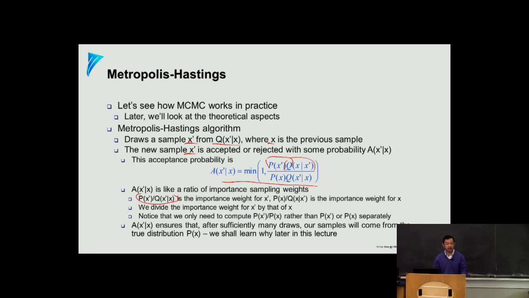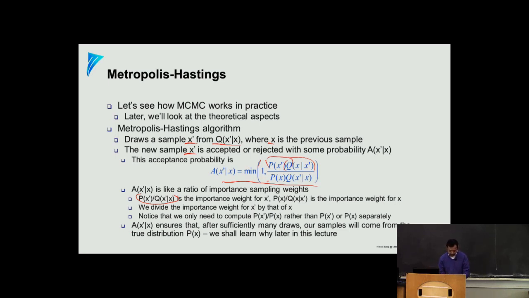You could have a case where the new example is less important than the previous one. Therefore, you want to take a limit, which means that this number should be bounded between 0 and 1. Therefore, you take a minimum between 1 and this ratio, meaning that if the ratio is above 1, you are going to accept it with probability 1.